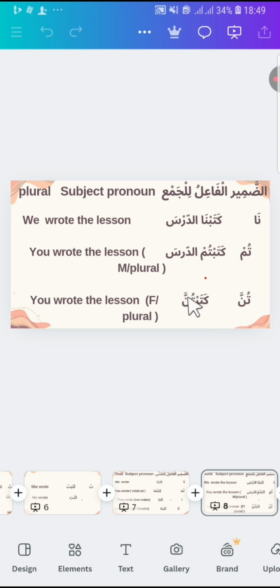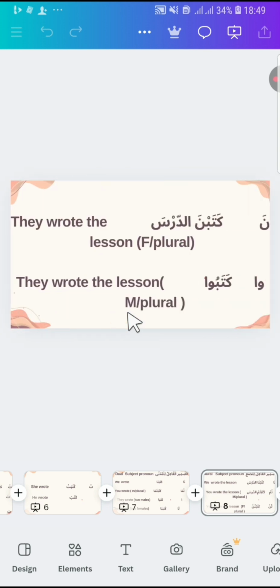Then we have na. If this na is attached, we should try to differentiate. The first one, which refers to we, is na with an alif after the noon, but this one is just na. So katabna, this na is attached to the word.